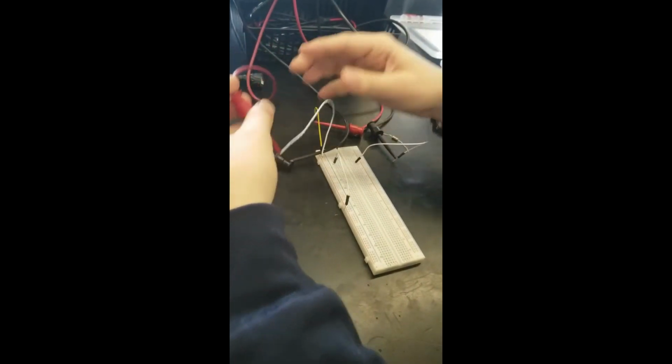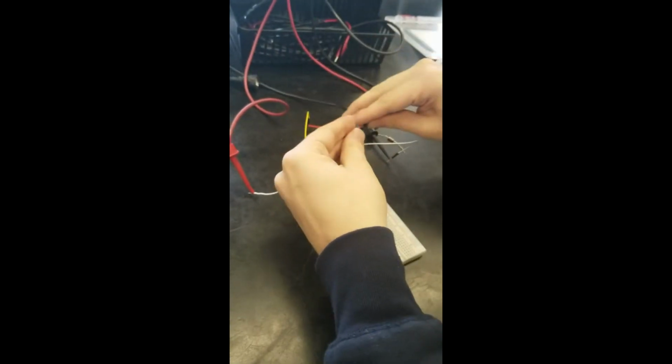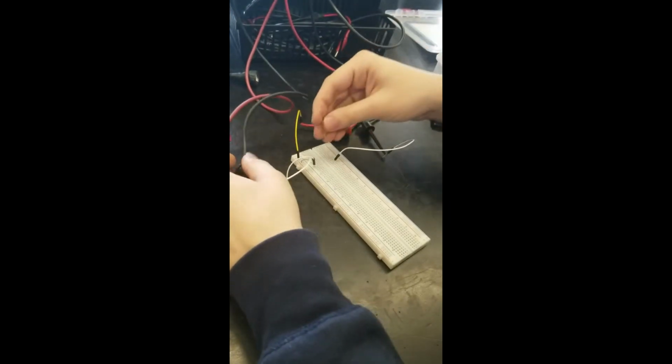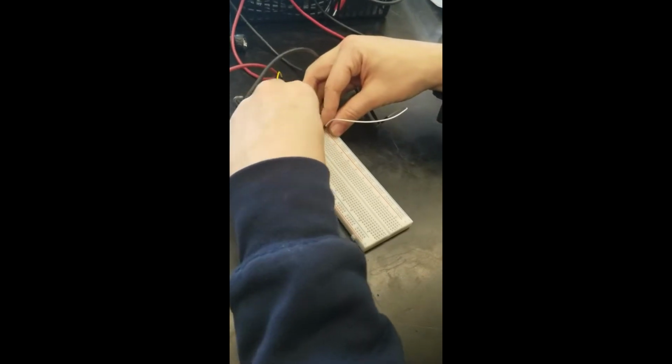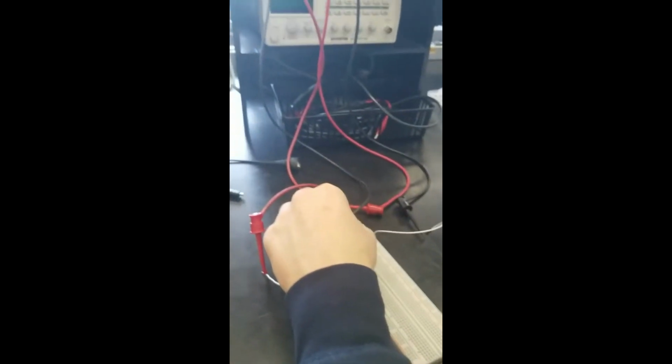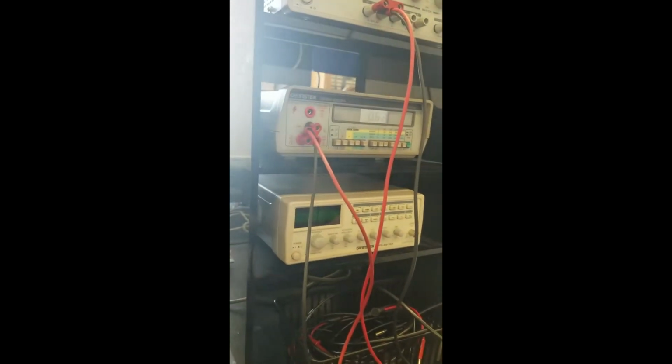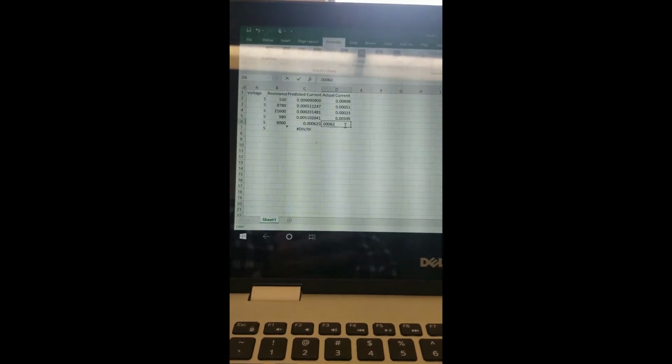Using an ammeter, we were able to break apart the circuit and analyze the current flowing through the circuit itself from the voltage source through the resistor. With the results of our first trial, we verified that Ohm's law did in fact work with the equation V equals IR, since our findings were close enough to our calculated values.